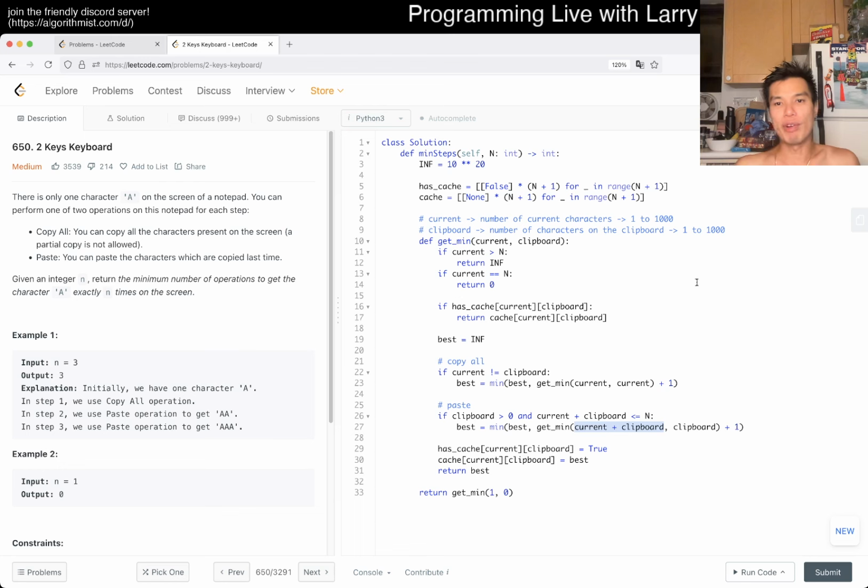I'm trying to think whether current always has to be a multiple of clipboard. Right, because that's the big thing. It's easy to say that this is n squared because there are n squared states, but I'm trying to think whether it is always forced that clipboard, or sorry, current is a multiple of clipboard.